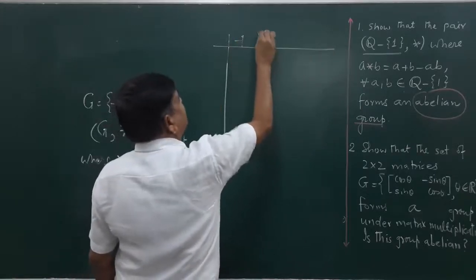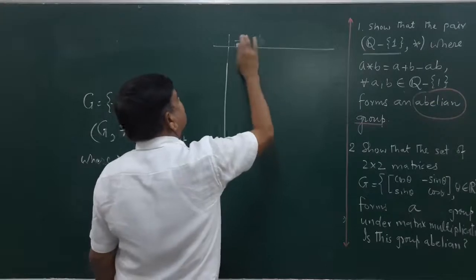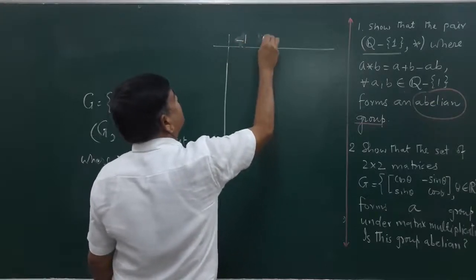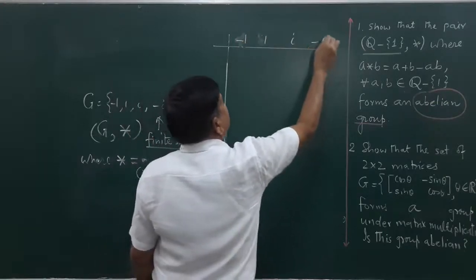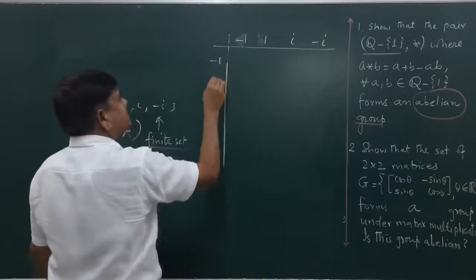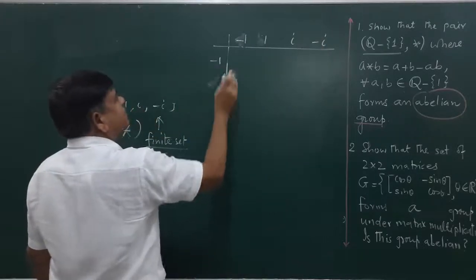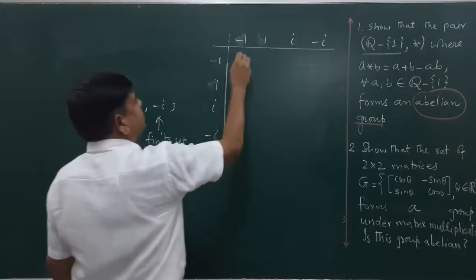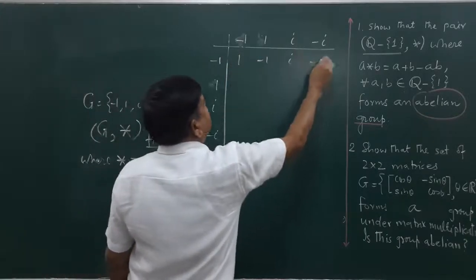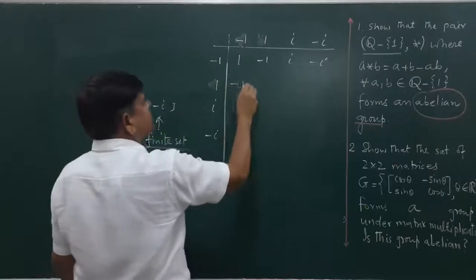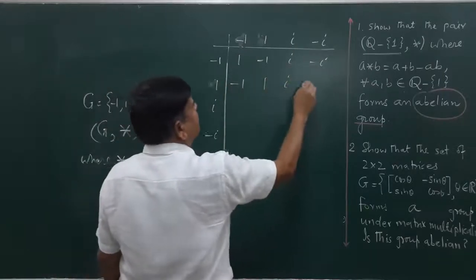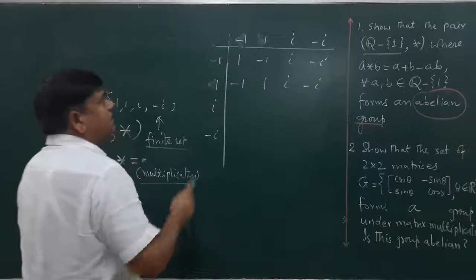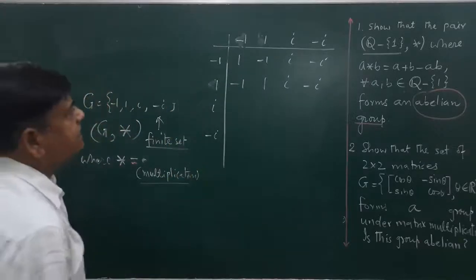I have already told that this is a very important example. Minus 1, 1, iota, minus iota. This into this. Then it is minus 1, 1, iota, minus iota. Okay.